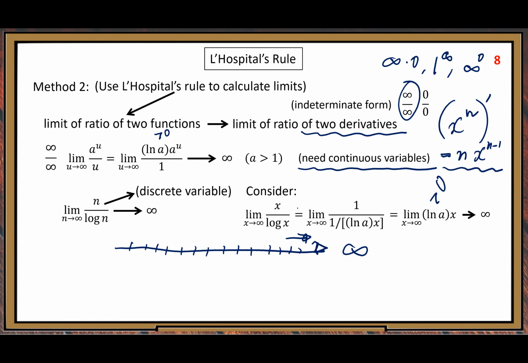Do we have any restriction on x? What kind of values can we take to go to infinity? Do we have that information? No, right? No restriction. That means you can take an arbitrary way.